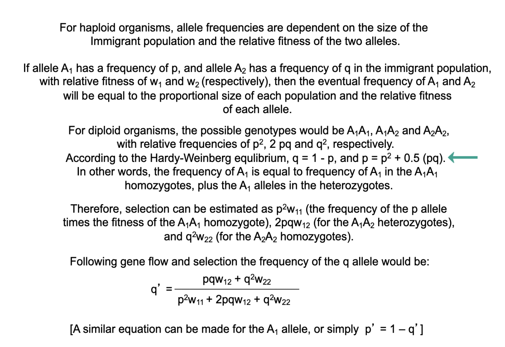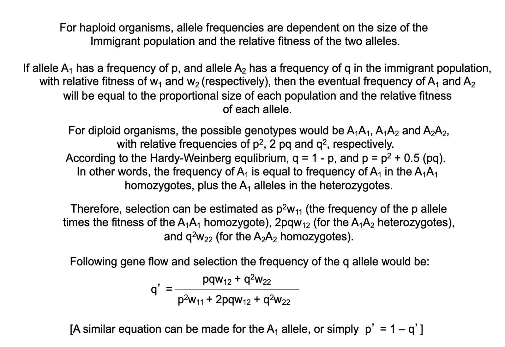So P then would equal P squared plus 0.5 of 2PQ. In words, this means that the frequency of A1 is equal to the frequency of A1 in the A1A1 homozygotes plus the A1 alleles in the heterozygote.